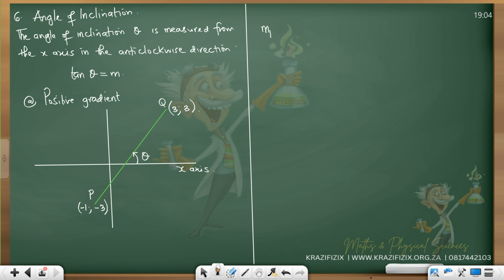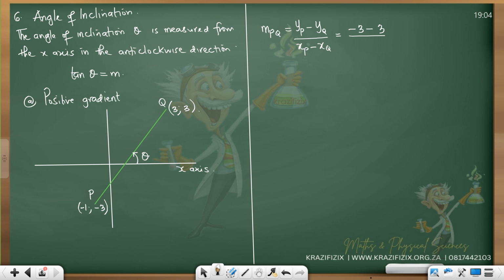Okay, so what is the gradient MPQ? And if you notice, I am trying to repeat the issue of calculating gradient in every question so that we master it. No room for error. What's the y value of P? -3. Y value of Q? 3.